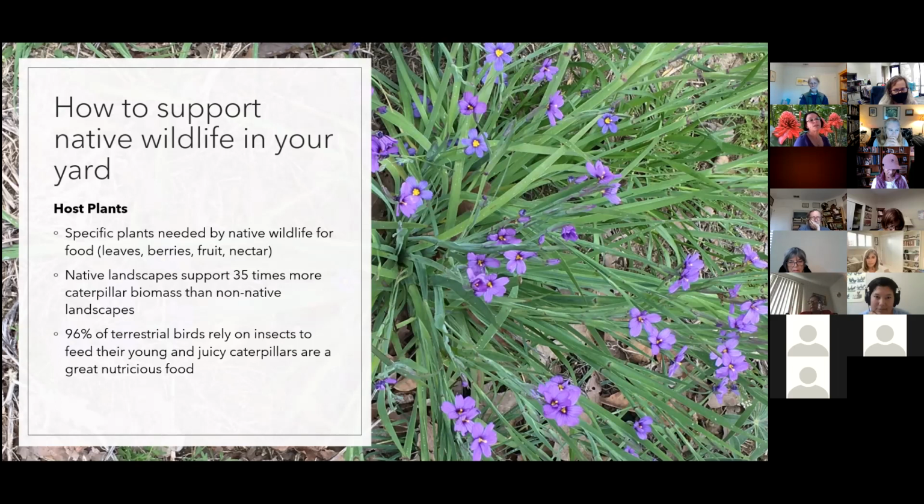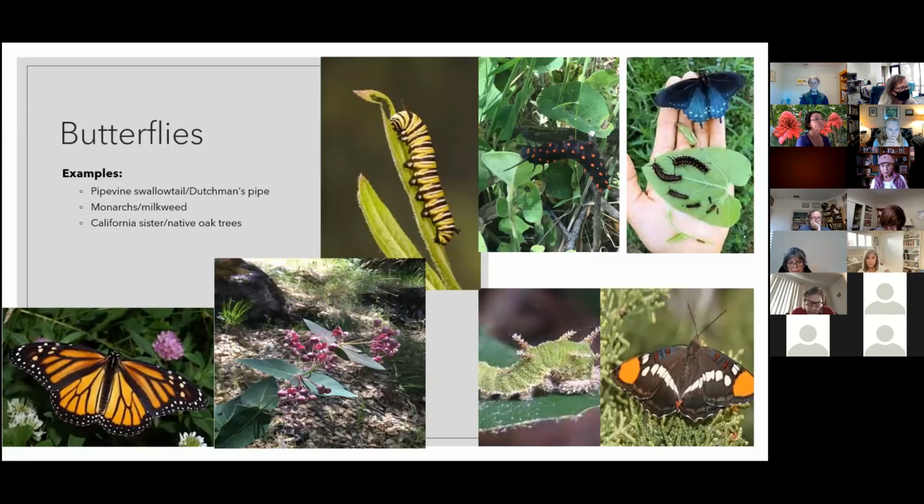And that is simply because our native insects and butterflies are adapted to those native plants. So if you have those in your yard or your open space, they will come. And then we also know that most of our native birds heavily rely on feeding those caterpillars to their young and rearing their chicks.